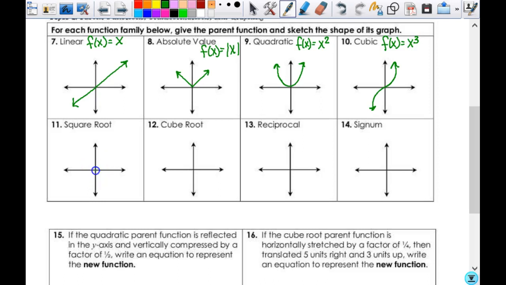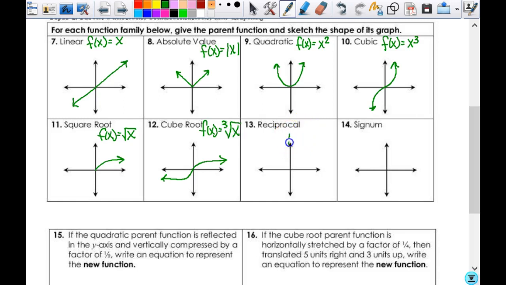Square root, looks like this. So f of x is equal to the square root of x. Cube root, we have another point of inflection, but it's laying down this time. So f of x is equal to the cube root of x.